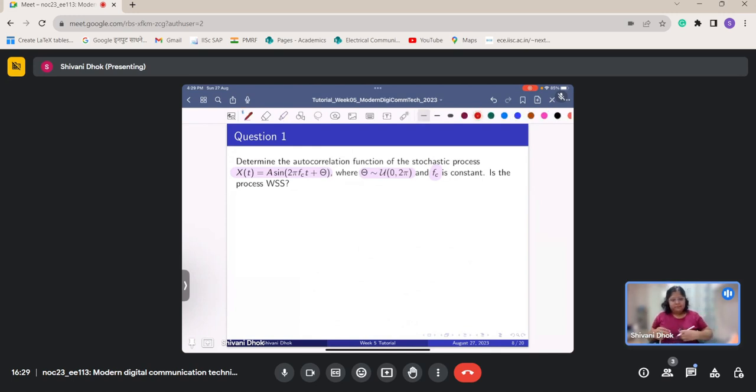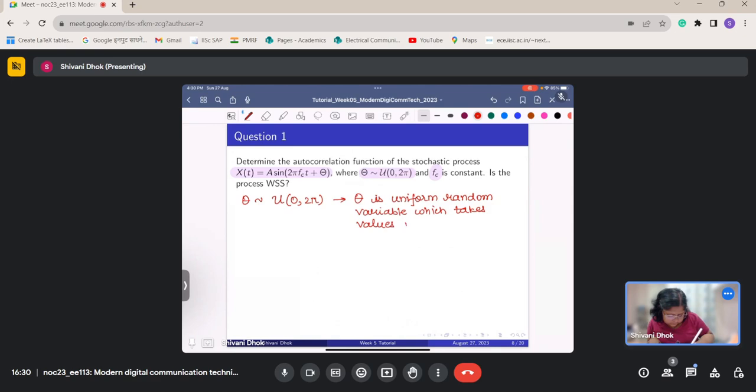Before going ahead, let me first say what this means. Theta is uniformly distributed over 0 to 2 pi. What does this mean? Theta is a uniform random variable which takes values in 0 to 2 pi, and it is a continuous random variable.